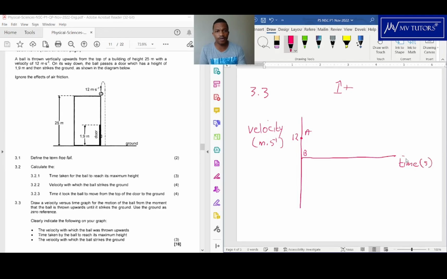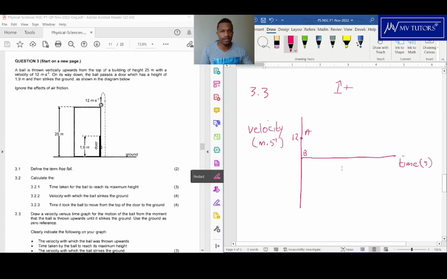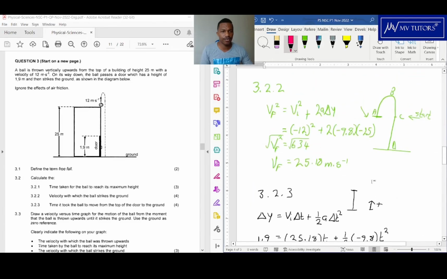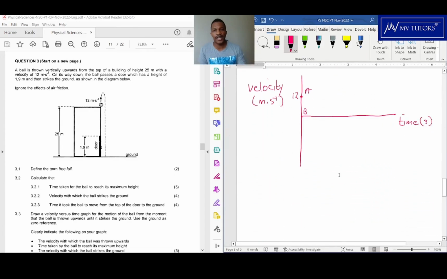So we know that B is 0. And then we know that at the end, at this side, we calculated that at D, the final velocity is 25.18. And it's going down, so it's actually negative. So let's put it right there. That's negative 25.18.